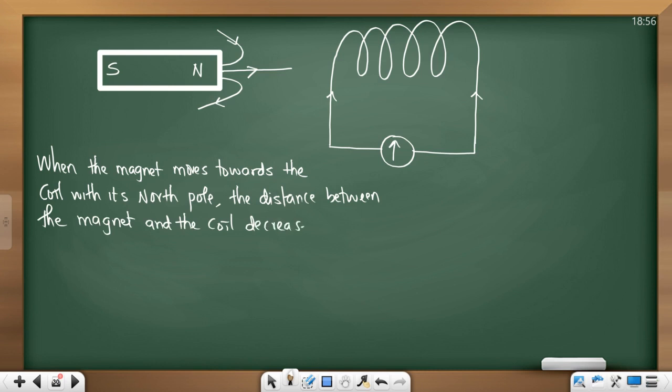All right, that makes sense to us, because we're now moving towards. Now, when that happens, there will be current induced. Current is induced in the coil.